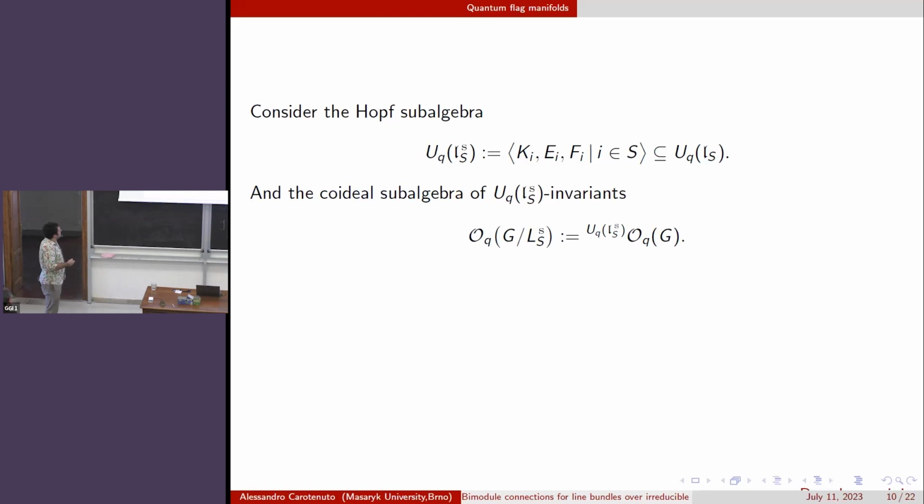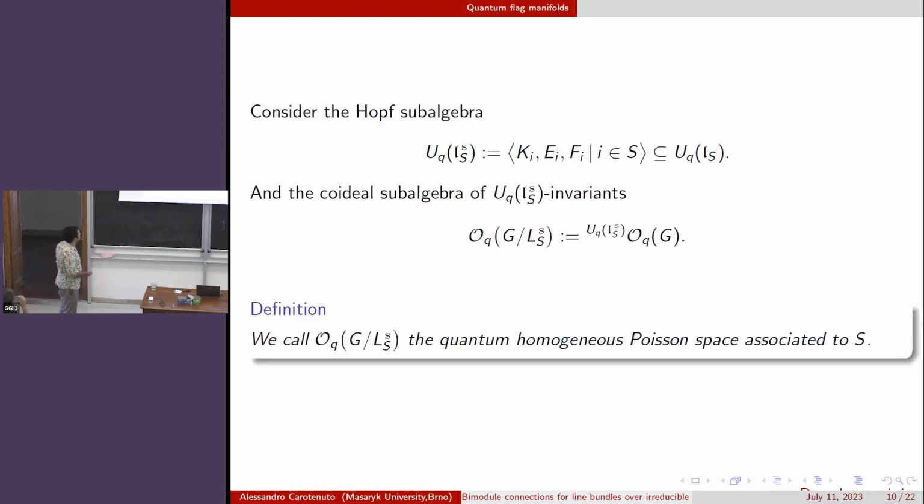And the quantum Poisson homogeneous space is the space of invariants with respect to this smaller subalgebra. And in fact, since it's the space of invariants with respect to a smaller object, it is a bigger space. And as I said, they call this guy the quantum Poisson homogeneous space associated to the system of simple roots S.